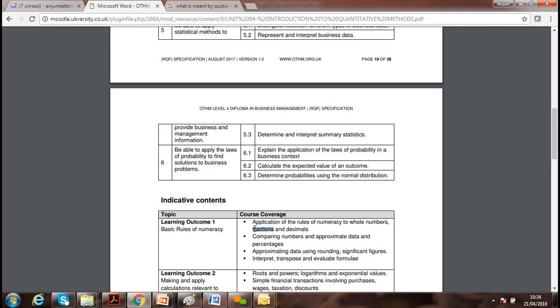We can say this is a quarter, 3/4, or 1/2. And decimals, where we put the decimal point.